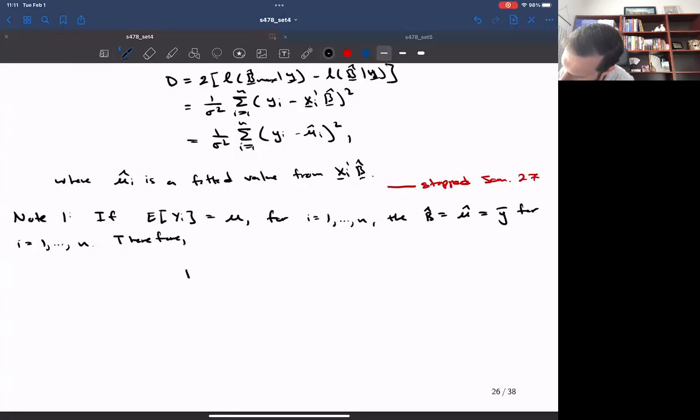Therefore, D is equal to 1 over sigma squared times the sum from i equals 1 to n of (y_i minus y bar) squared.